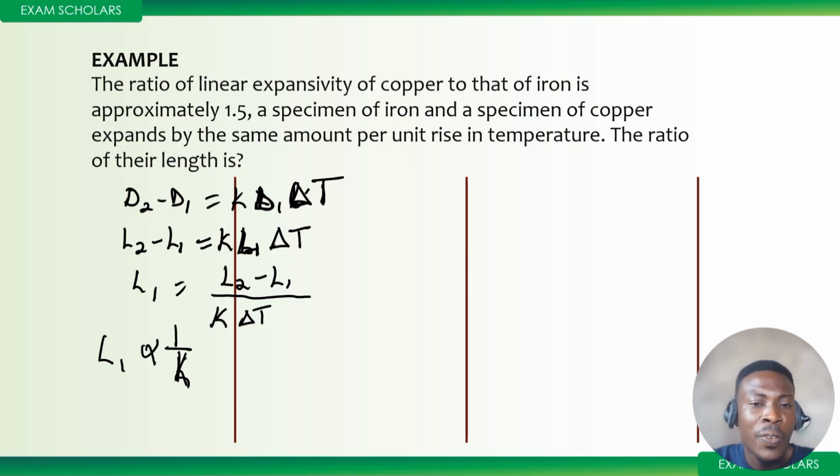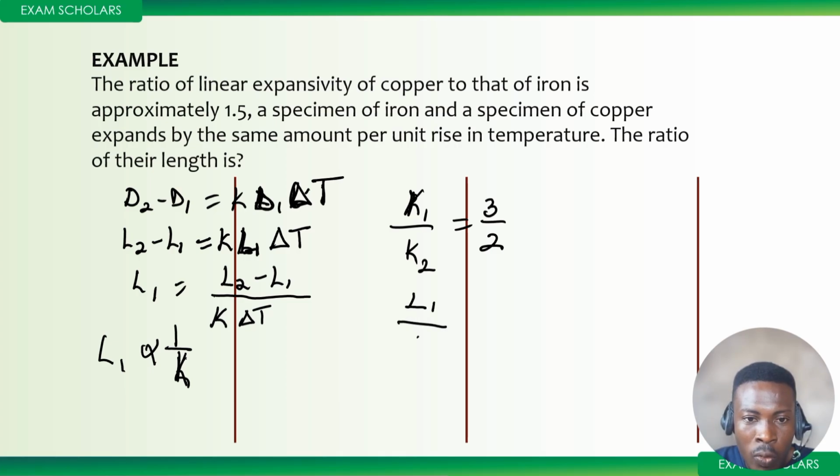Now, using the knowledge of inverse proportion, if K1 over K2 is equal to 3/2, what will now be the value of L1 over L2? It is going to be 2/3.